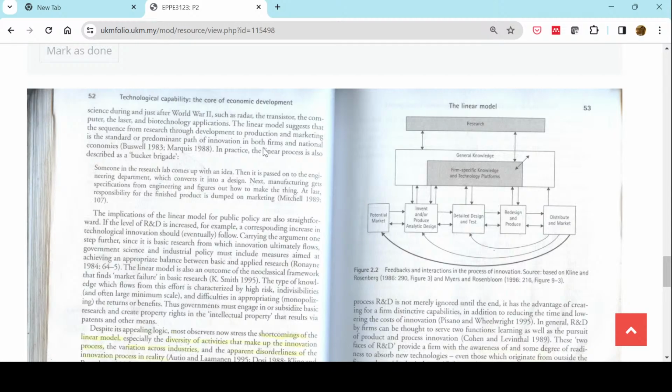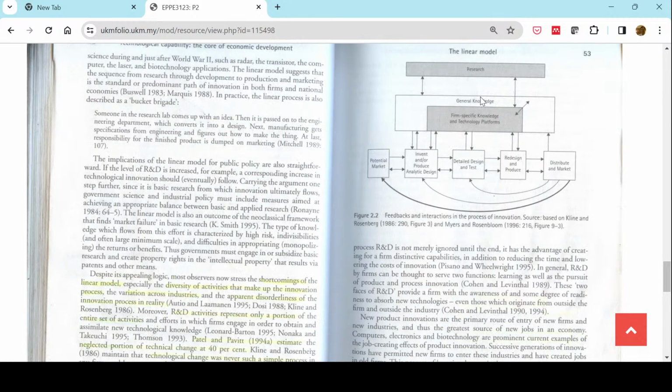So here, this new knowledge from basic research becomes general knowledge, and will also inform the firm, and the firm will do the applied research.